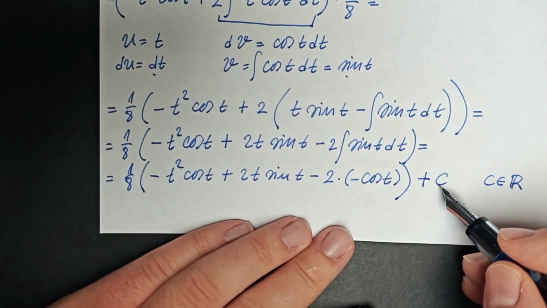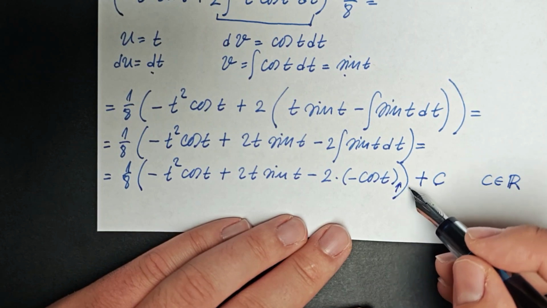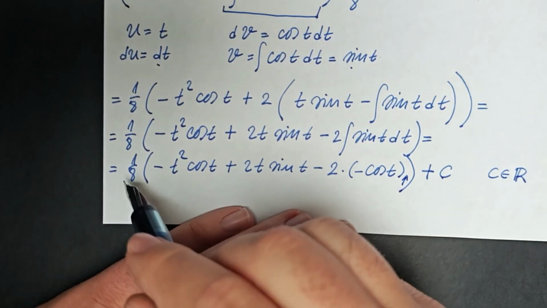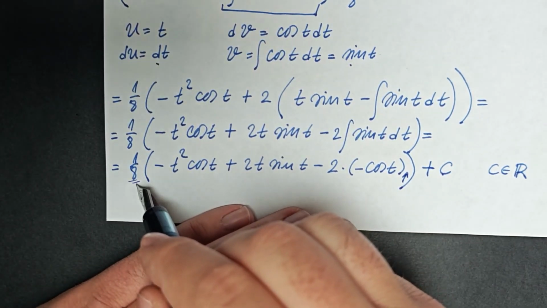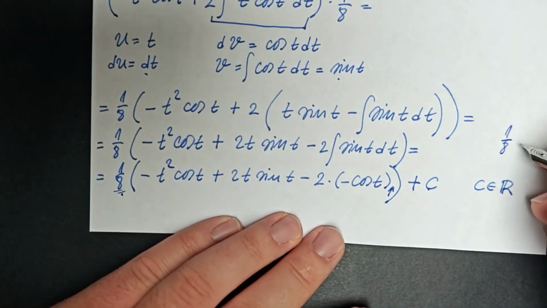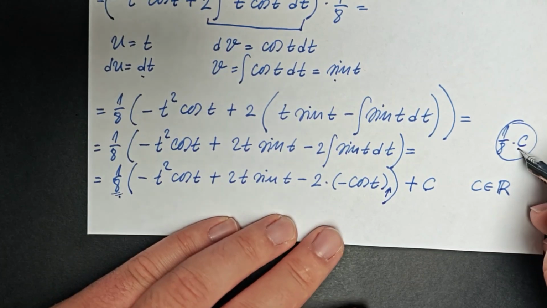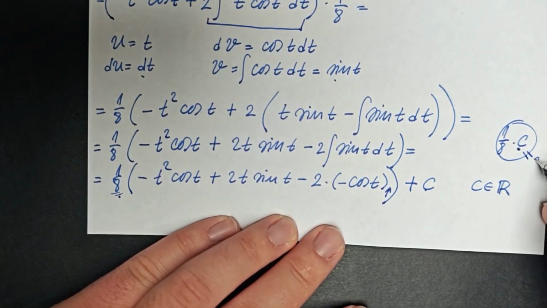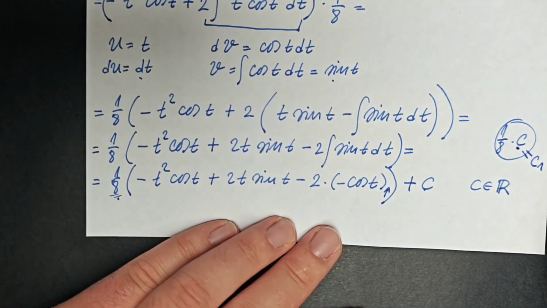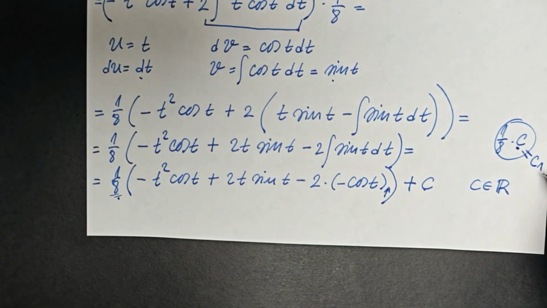If you put that plus c here inside the brackets to multiply it by this 1 over 8, 1 over 8 multiplied by c, where c is a real constant, that is just going to be another constant c1, which is also a real number.